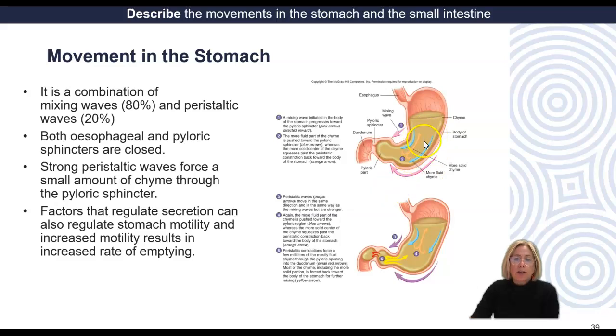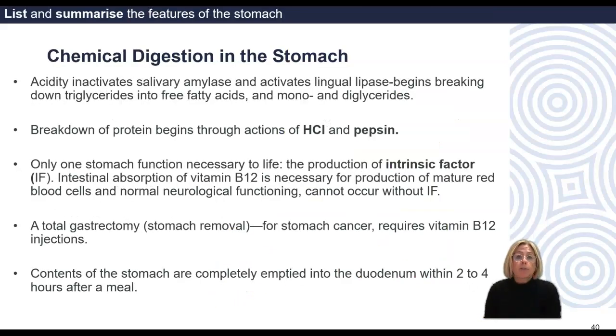And then you get these really strong waves of peristalsis that force a small amount of the chyme through this partially opened pyloric sphincter. And so factors that regulate secretion can also regulate stomach motility, and increased motility results in an increased rate of emptying.